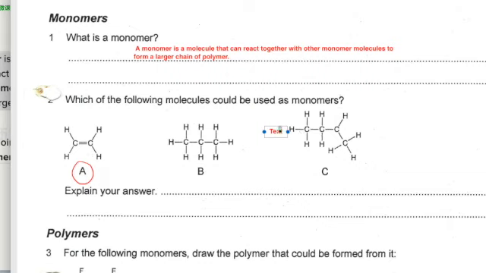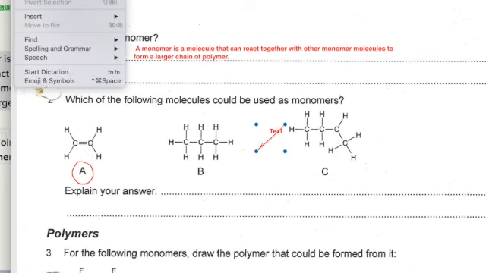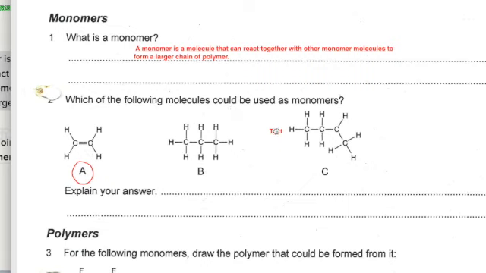So why do you choose this one? Because molecule A contains a carbon-carbon double bond.